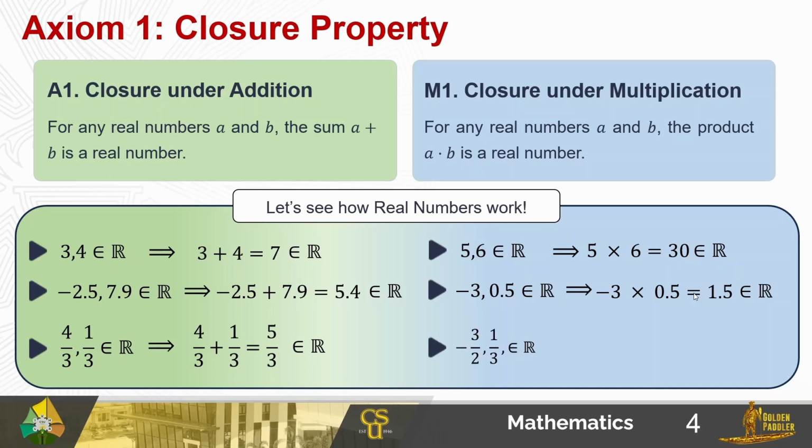Or if we multiply negative 3/2 and positive 1/3, we get negative 3/6. In the lowest form, we have negative 1/2, and negative 1/2 is again a real number. So this example clearly shows that the sum and product of two real numbers is again a real number.